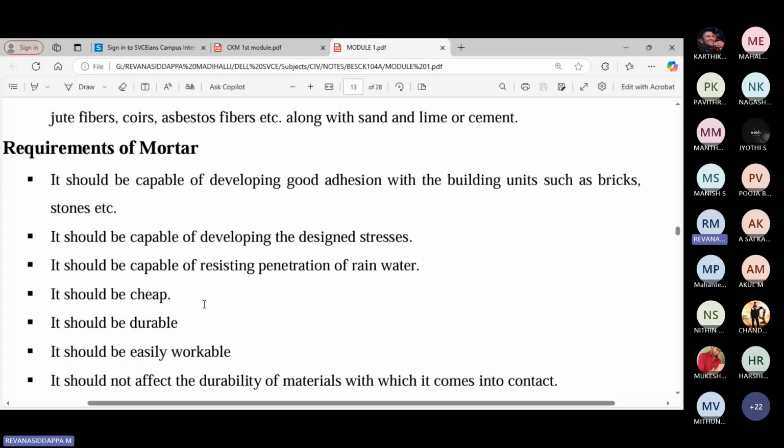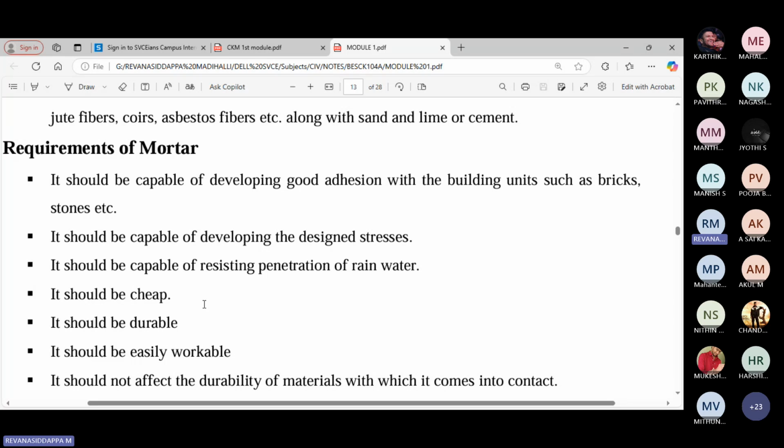The mortar may absorb that rainwater, and when it absorbs the water, the air voids or the pores in the mortar will expand. When they expand, it will develop some cracks.